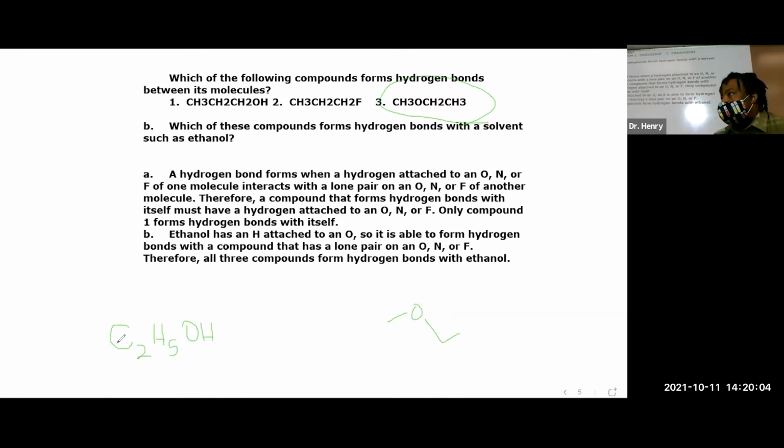Plus you have that hydrocarbon, right? Okay. What about this guy? We have a fluorine at the end. Would it be able to form hydrogen bonds? Yeah. That's right, which is all written right here, the answer, right?